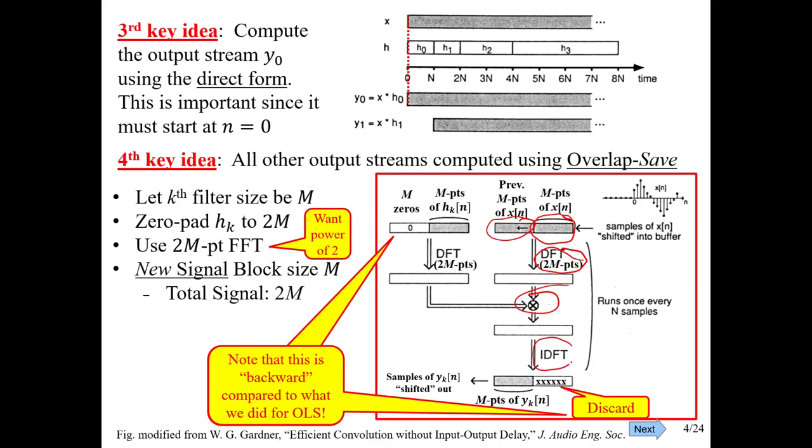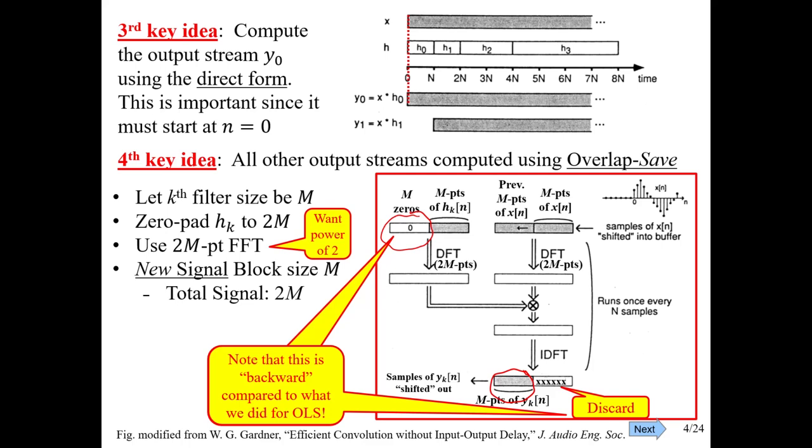We do the inverse DFT. And then Gardner discards the second half and keeps the first half. Again, that's backwards compared to the previous note set, where we did what most people do for overlap save: they discard the first part and keep the last part. But here we need to keep the first part because we put the zeros in front. It just works out that way.